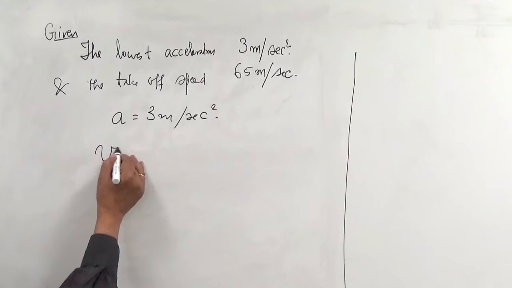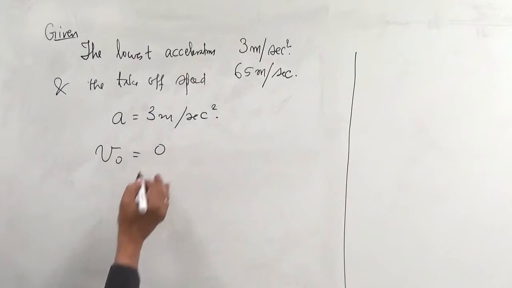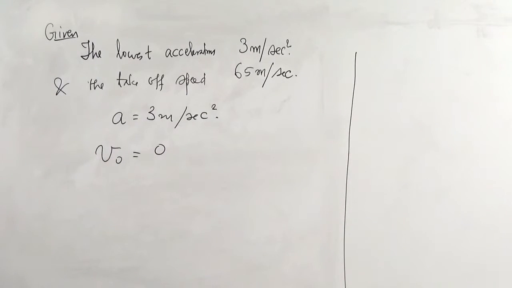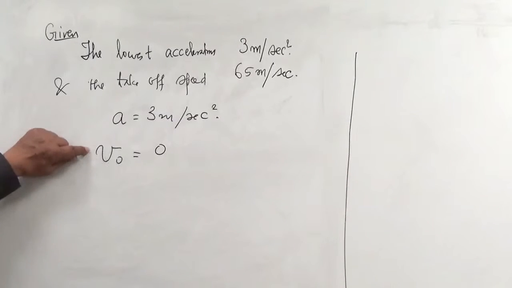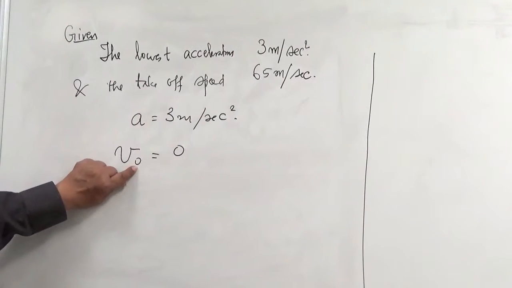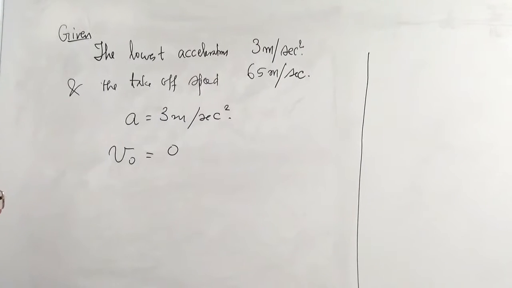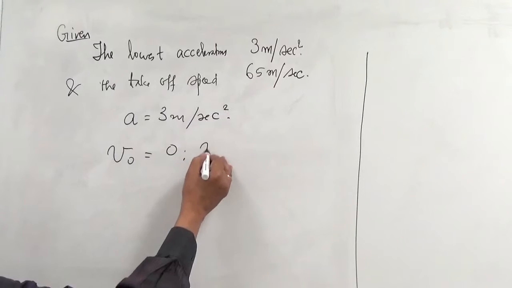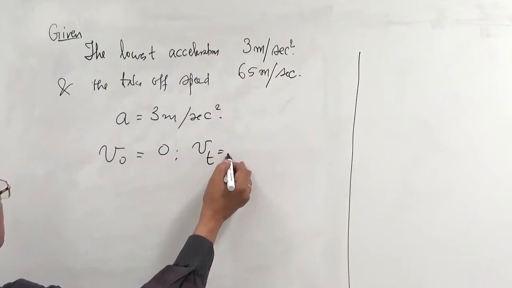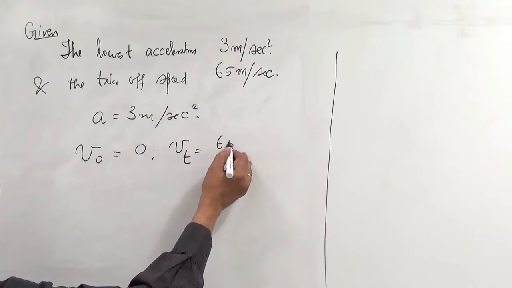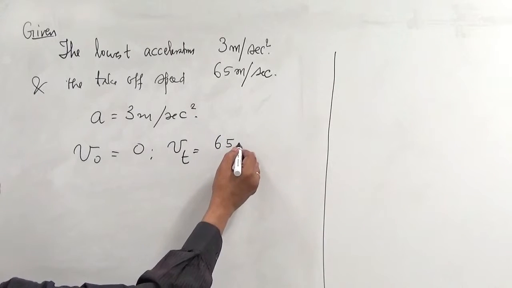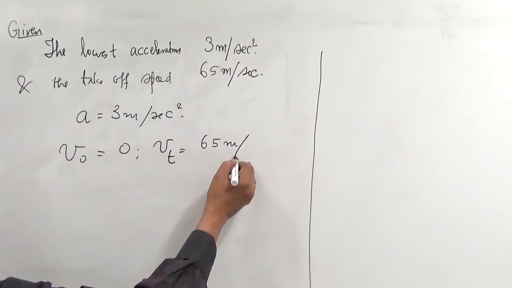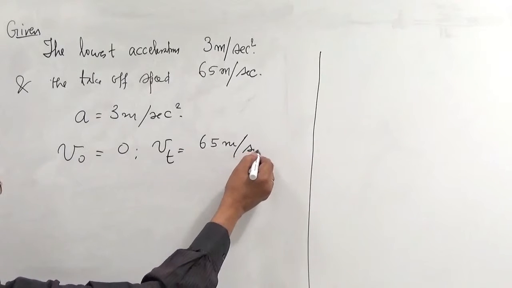So V naught equals 0. Here the subscript t stands for the velocity at time t. So the initial velocity at t equal to 0 is 0, since it starts from rest, and then Vt is 65 meters per second.